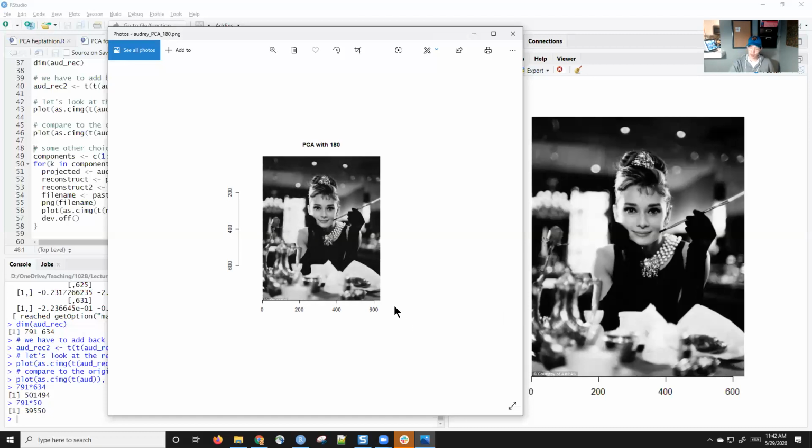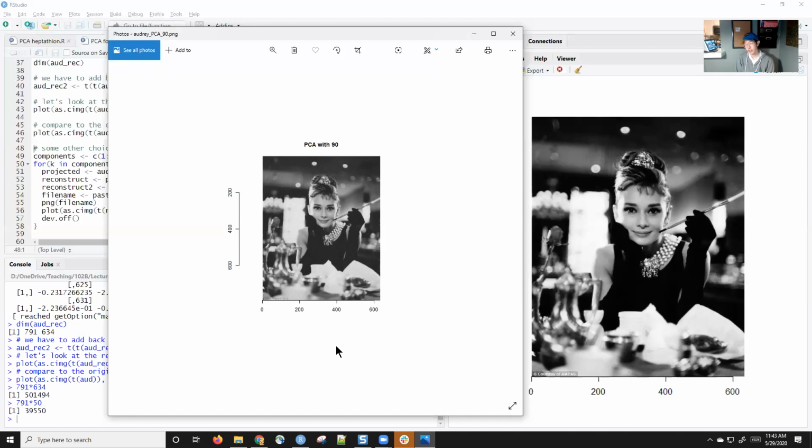Which is impressive, because for the original image we needed all 634 columns of pixels, and what we can do is transport something with a lot fewer columns and still recover something that looks like the original image. So from a theoretical standpoint, principal components analysis for dimension reduction can be used in a situation like image compression.